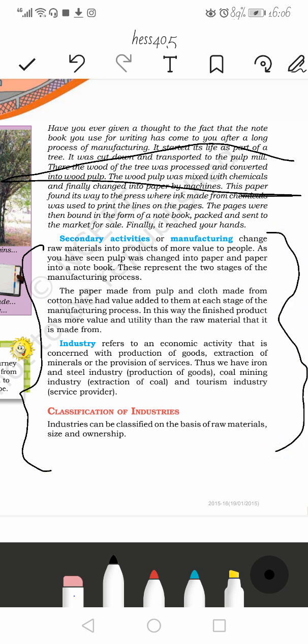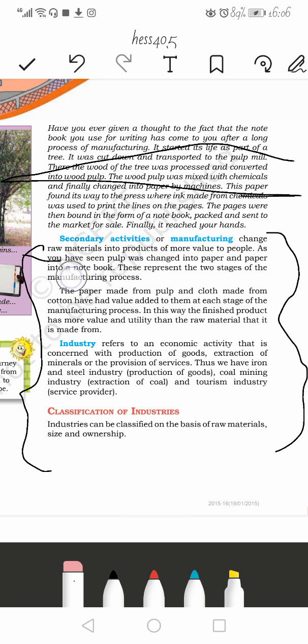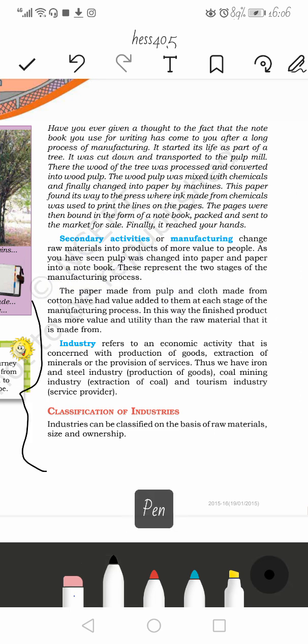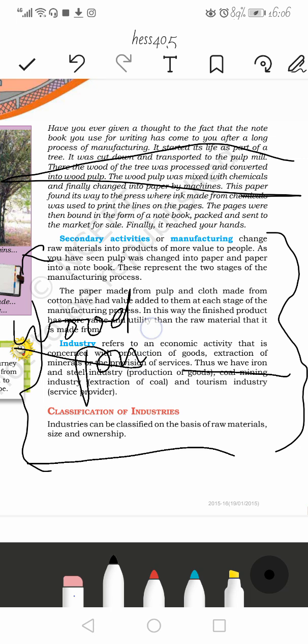Let's start from here. Okay, secondary activities of manufacturing change raw materials into products more valuable to people. See, now here's one example of input, processing, output. For example, we have wood pulp. Okay, wood pulp changes to paper.